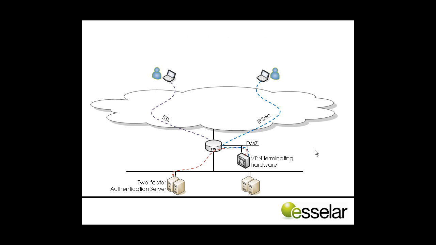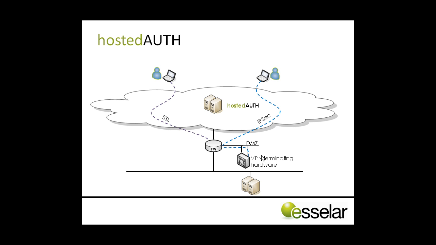With hostedAUTH, we basically take away the need for you to have the internal servers on your network, so you don't actually need to run these servers internally anymore, because the service is all hosted in the cloud across various data centers throughout the world. All we do is reconfigure your VPN terminating hardware or whatever service it is that you're trying to protect access to.